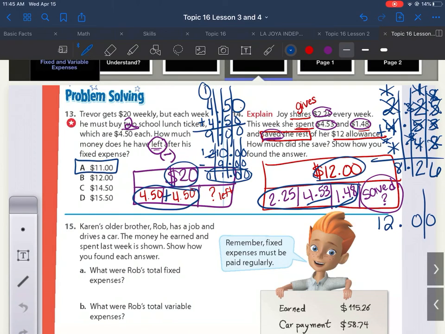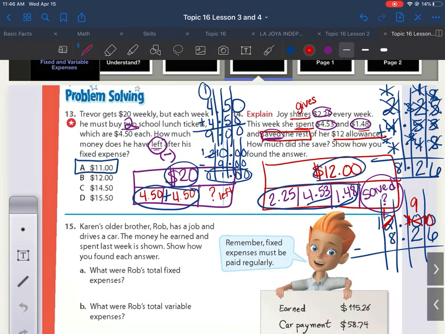I'm looking for the amount that she saved. So I take my total, which is 12.00, and I'm going to take away my total from all the parts, which is $8.26. 0 minus 6, you cannot. So I go and I regroup. The 2 becomes a 1 and the 0 becomes a 10. I regroup again.